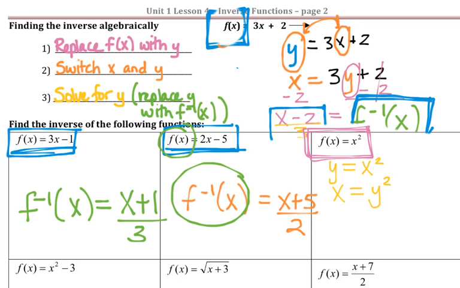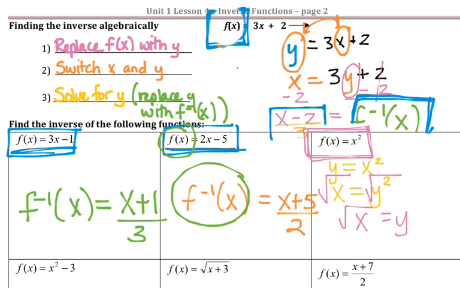Okay, so after that, what is the opposite of squaring something so that I can get the y alone? Square rooting. So we know how to do that step, but a lot of people forget that you can't just write the square root of x here. Whenever I'm solving an equation and it requires me to take a square root of both sides, there's a little symbol that I have to put out in front of the square root.